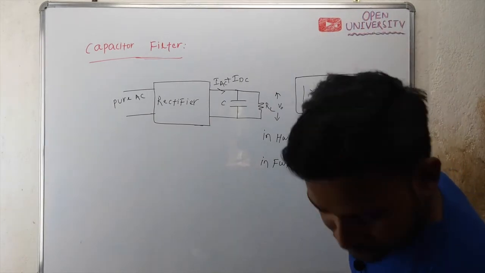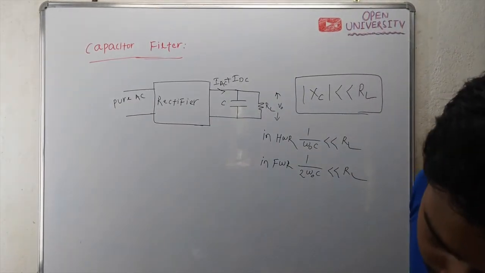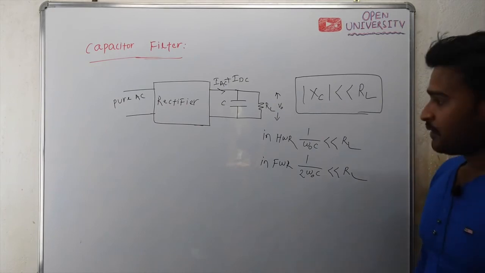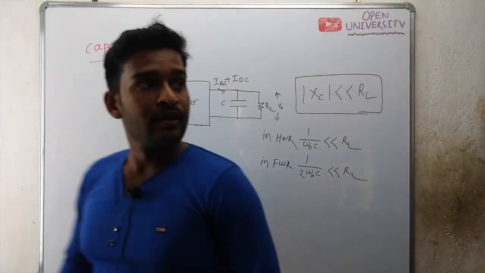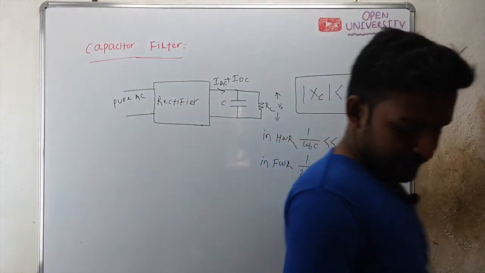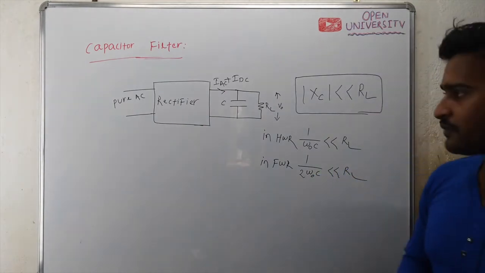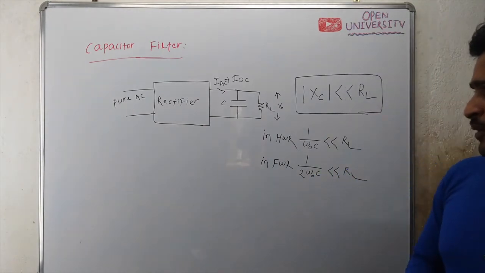Write that down: capacitor and RL form a current divider.